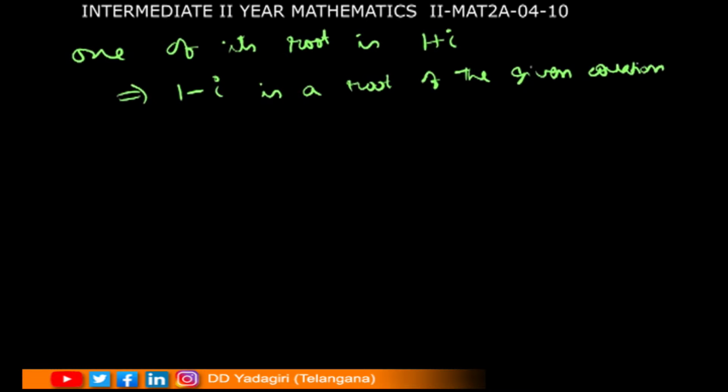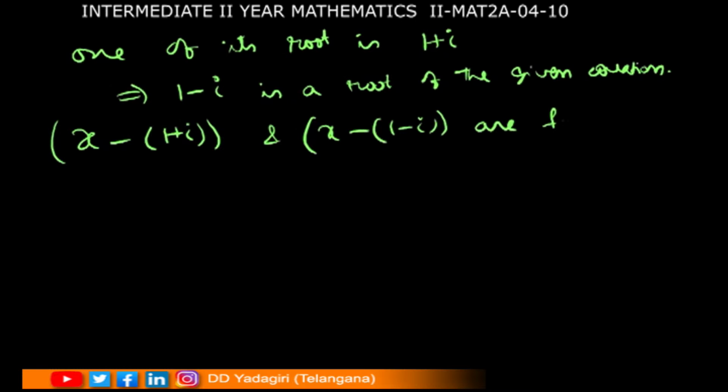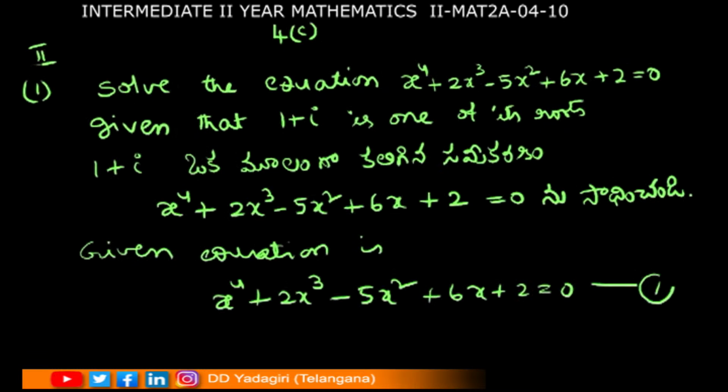So, this implies 1 minus i is a root of the given equation, is it not? Okay. So, x minus 1 plus i and x minus 1 minus i are factors of, let this equation be 1.